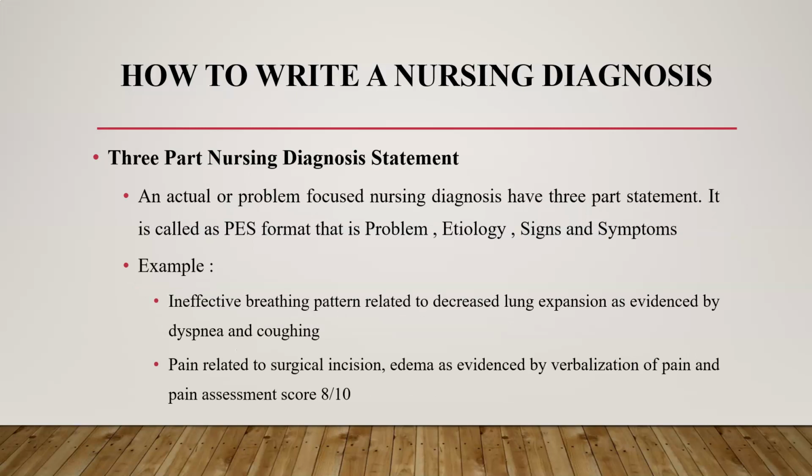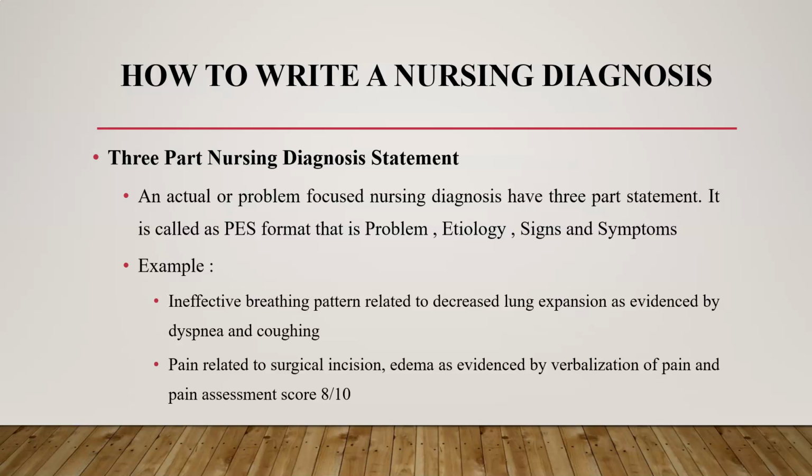The third type of stating the nursing diagnosis is in the form of three-part nursing diagnosis statement, which is an actual or problem-focused nursing diagnosis, and that has got three parts.